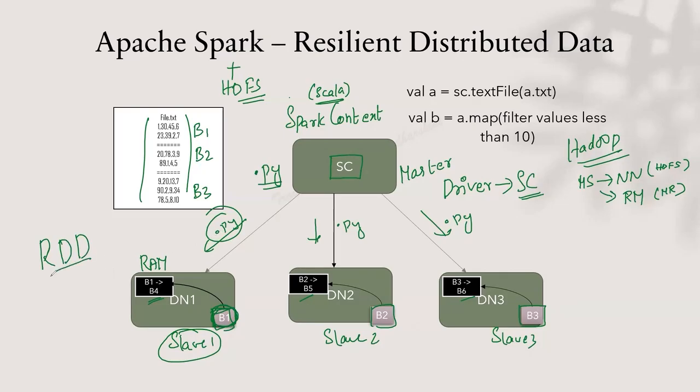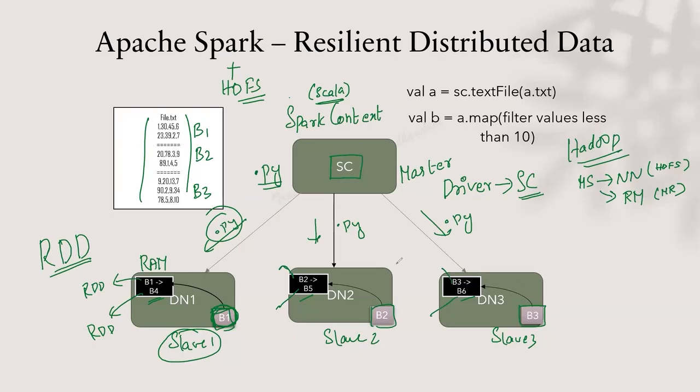Rather, I will call them RDD. So any piece of data that you are shifting into the RAM of your system and you're generating an output inside the RAM. So B1 is also an RDD. B4, which is the intermediate output, is also another RDD. Similarly, B2 is an RDD, B5 is an RDD, B3 is an RDD, and B6 is an RDD.